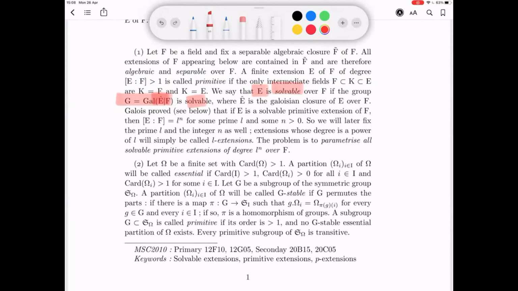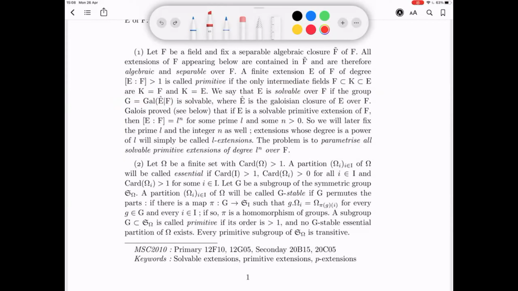It applied to any finite separable extension. And that's what we are looking at now. So E hat is the Galois closure of E over F, and we call E solvable if the Galois group of E hat over F is a solvable group.